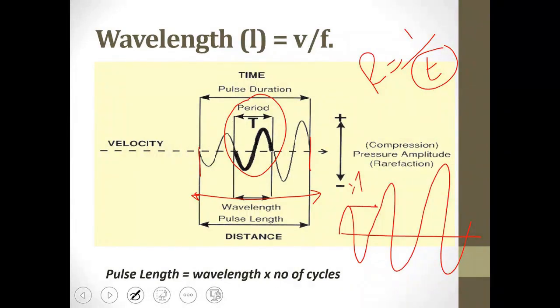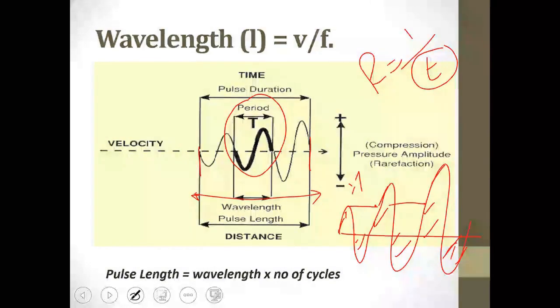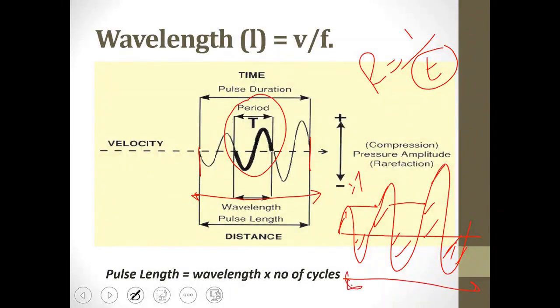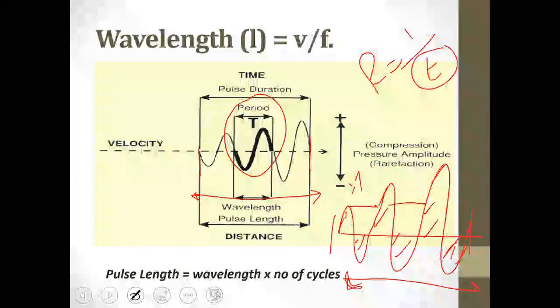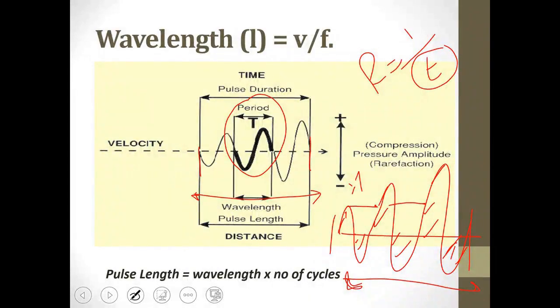Here's the first cycle, the second cycle, and the third cycle. I get the wavelength, then multiply it by the number of cycles to get the pulse length, which tells you how long the pulse is, where it starts, and where it ends. That's the pulse length. The pulse duration is the total time of the complete pulse.